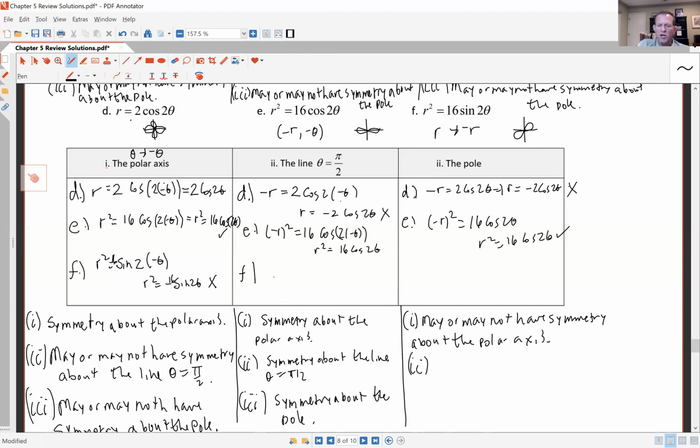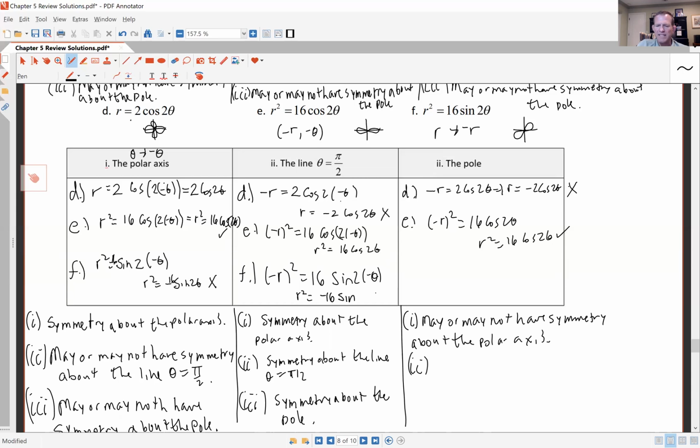Letter F, change r to negative r, theta to negative theta. And in this case, the r will go away from the r squared there, but the negative inside the sine comes out in front.